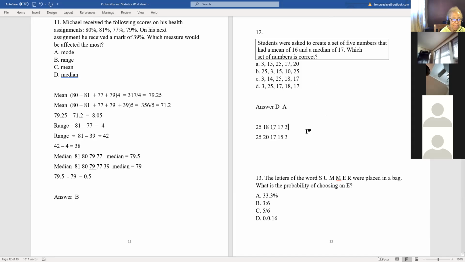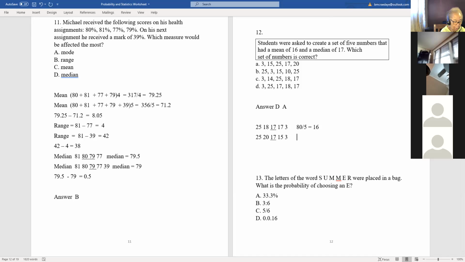Now, when you add these up, what do you get? Let me add the 43 and the 17 is 60, 77 and 3. You get 25 plus 18 plus 34, 80 divided by 5 equals 16, right? What about this one when you add them up? 45 and 15 is 60, and 77 and 3, isn't that 80 also?